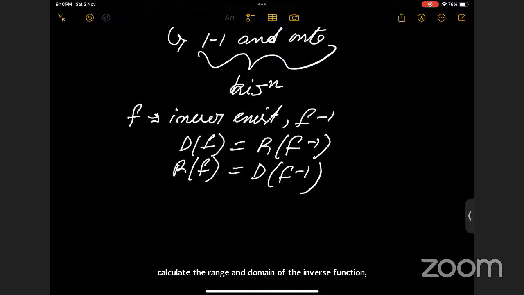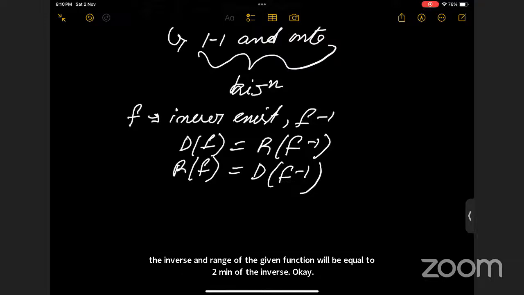It is enough to compute the range and domain of the given function: the domain of the given function equals the range of the inverse, and the range of the given function equals the domain of the inverse. Is it clear? Yes, clear.